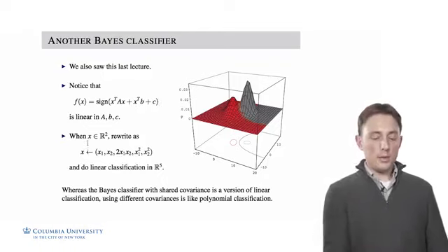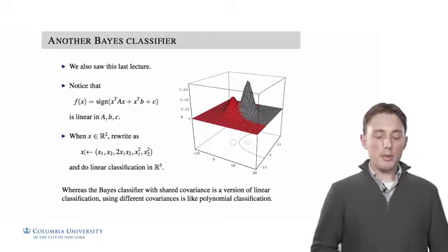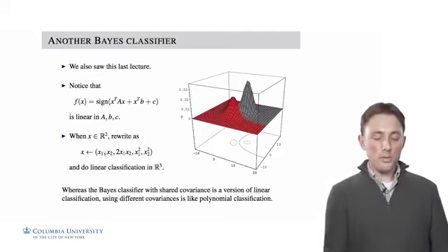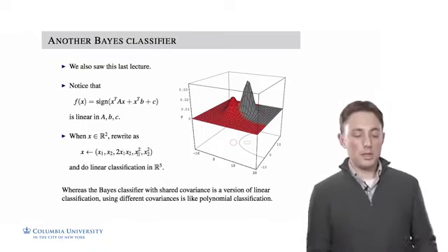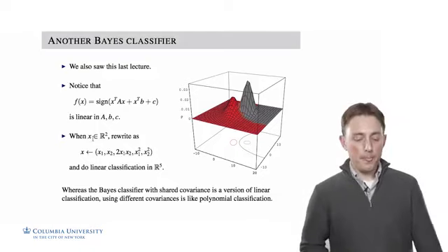A quick way to see that would be to imagine this type of a transform of x in R2. Let a two-dimensional input x be mapped to 5 dimensions now, where the first 2 dimensions are the original data. The third dimension is 2 times the product between those 2 dimensions. And then the fourth and fifth dimensions are the squares of the dimensions of our input x.